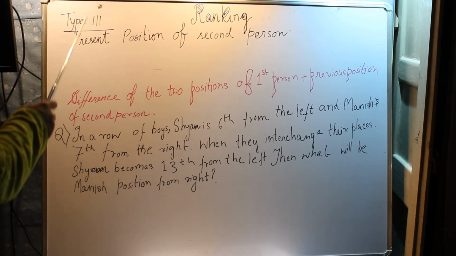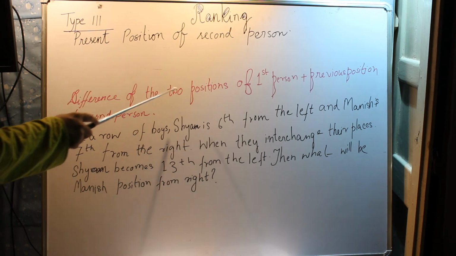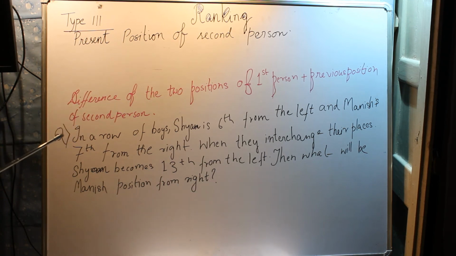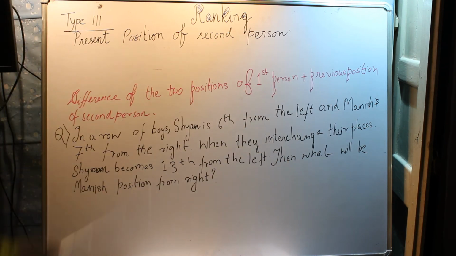This is another type from the topic ranking: present position of the second person, which is the difference of the two positions of the first person plus previous position of the second person.